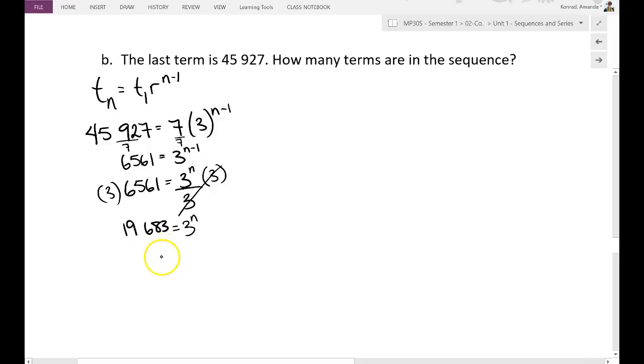I've already done this, and so I know that n is equal to 9. Now you can double check by typing in 3 to the power of 9 in your calculator, and it will give you 19,683. What does this n actually tell me? Well, it tells me that there are 9 terms in this sequence.